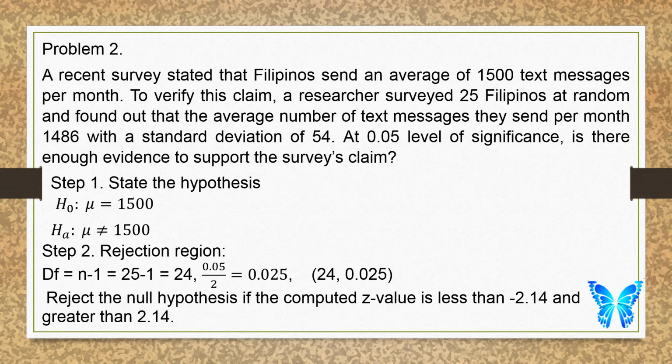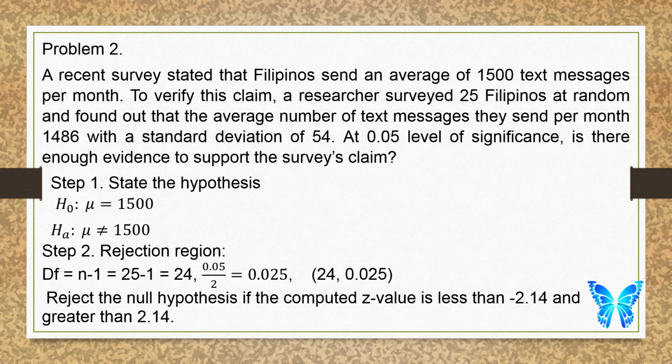So 0.05 divided by 2 is equal to 0.025. The reason why we divided 0.05 by 2 is because this type of problem is a non-directional test. So we have here a pair of values, 24 and 0.025, that would help us identify our critical region from the t-test table.